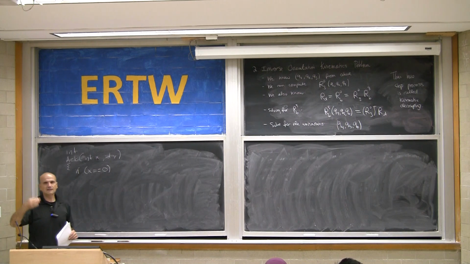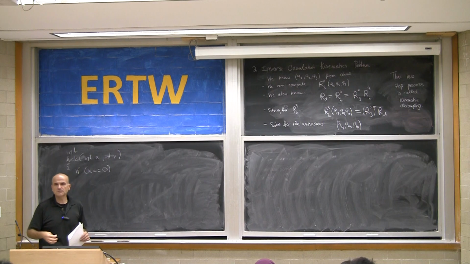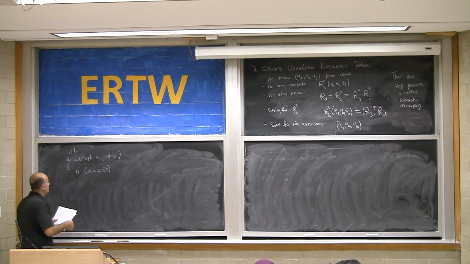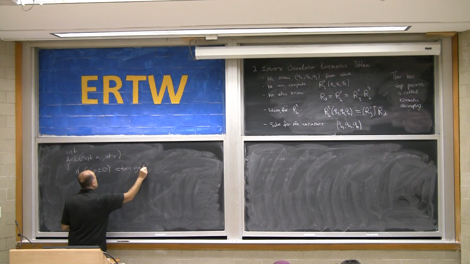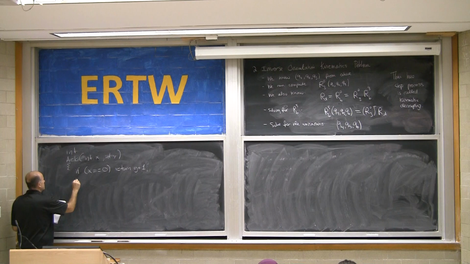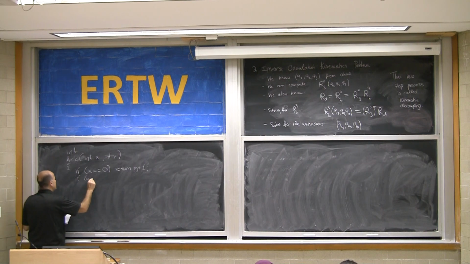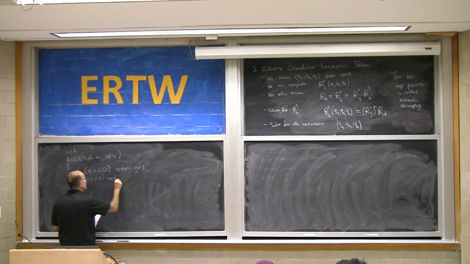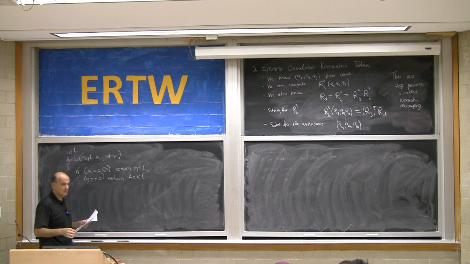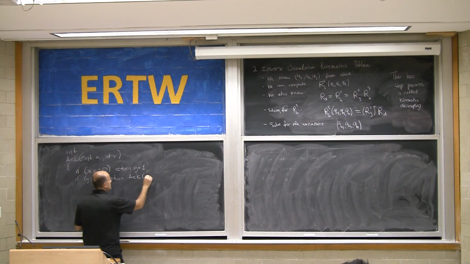So it's like a three-case statement, that function. It says if x happens to be 0, then please return y plus 1. Now, if that's not the case and y is equal to 0, then return Ackermann. So call yourself again, but this time around, call it with x minus 1 and 1.